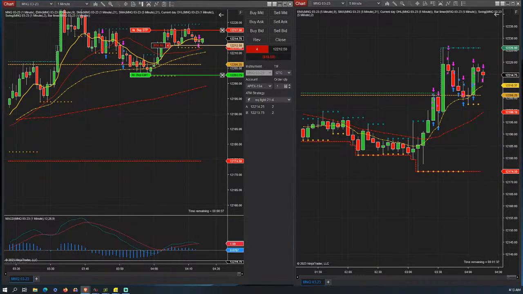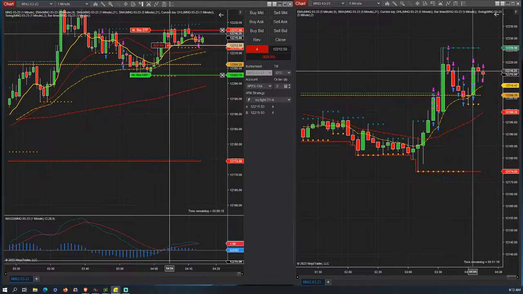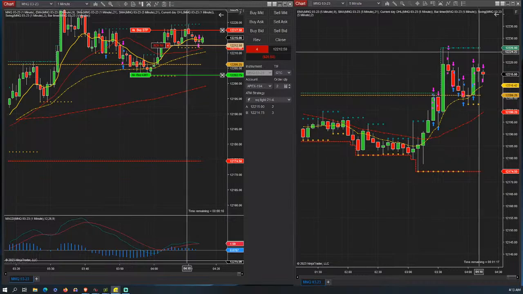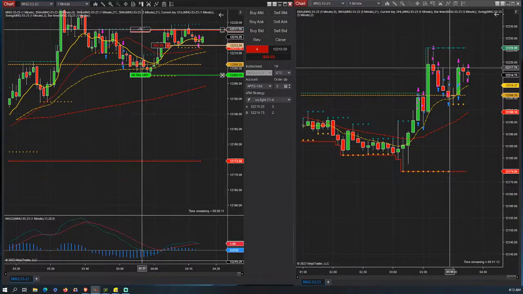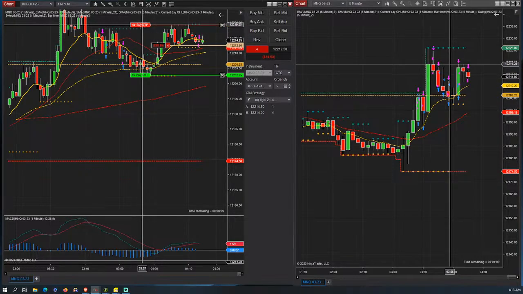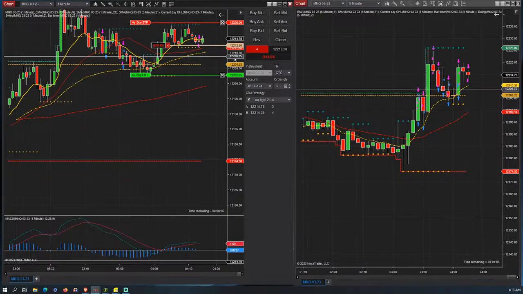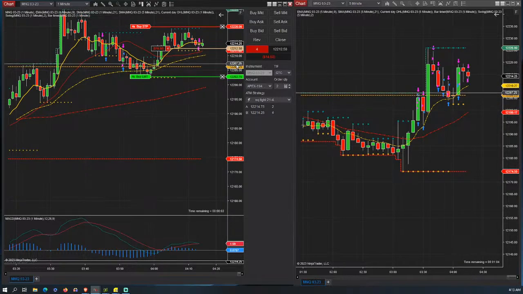It's in green money flow on the Market Liberator right here. I'm paying more attention to moving my stop loss, and let me just build a position. I'm trying to see what this wants to do.